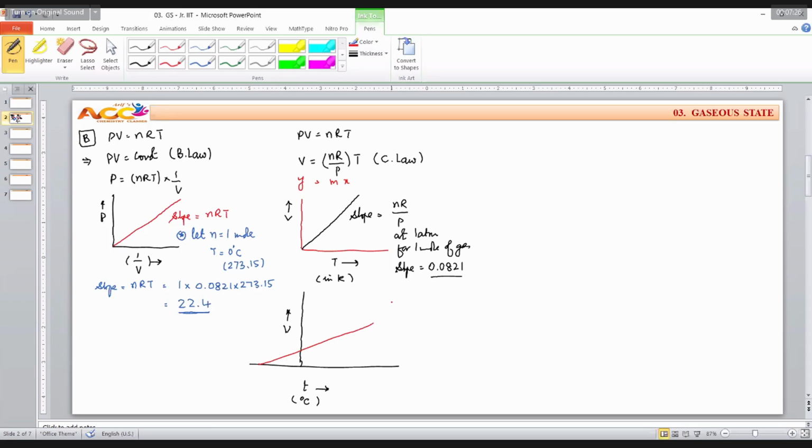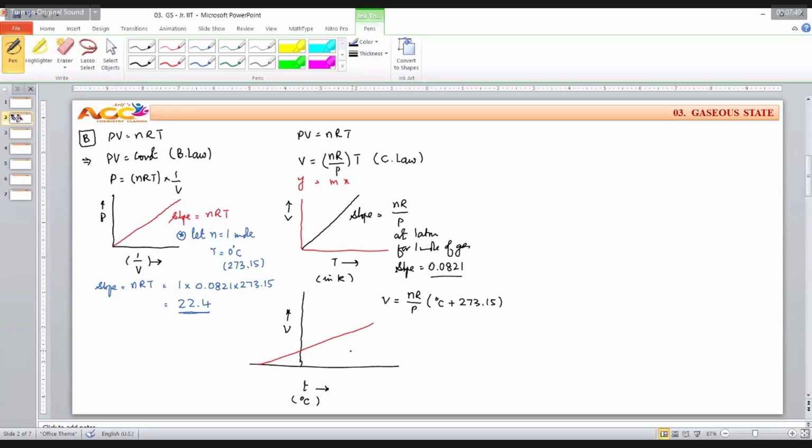Now, what was the equation here? This equation is V is equal to KT, right? That K is the same as before. What is that? nR by P into KT. What is KT? Degree centigrade plus 273.15. Right.